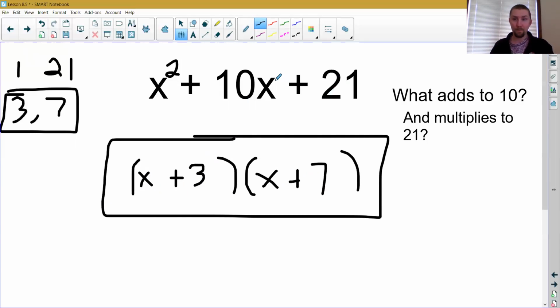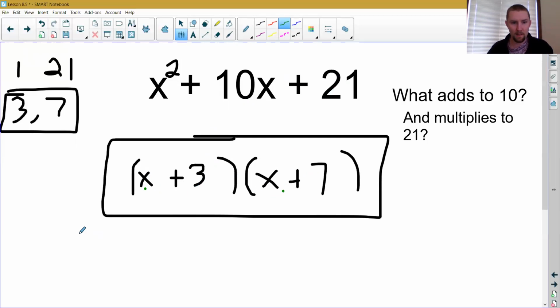We factored it back into what we would have FOILed out or what we would have used the double distributive property on. And an excellent way to always check your answer when you get your factored form, your set of two parentheses, the best way to check your answer is to just go ahead and do the double distributive property or the FOIL method.